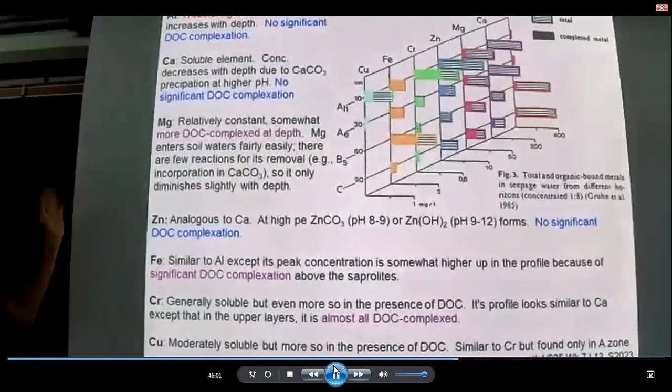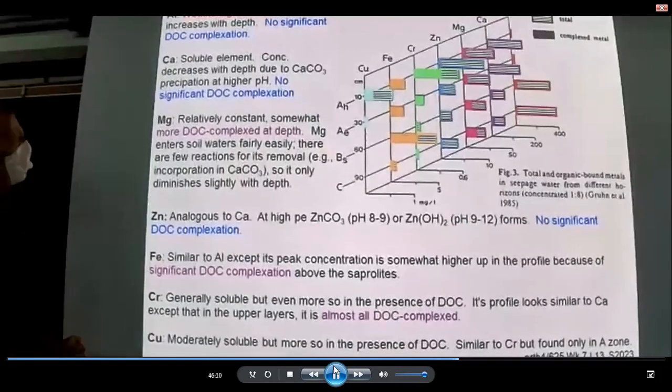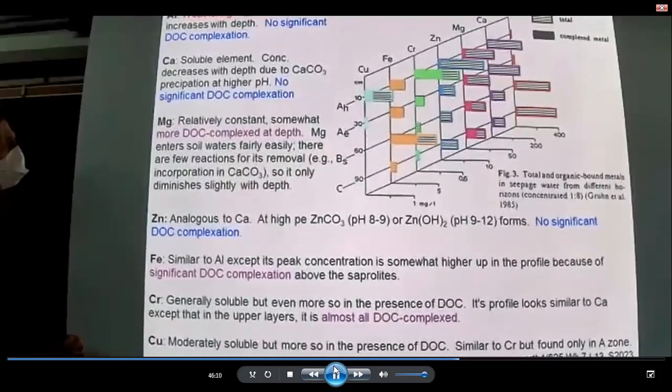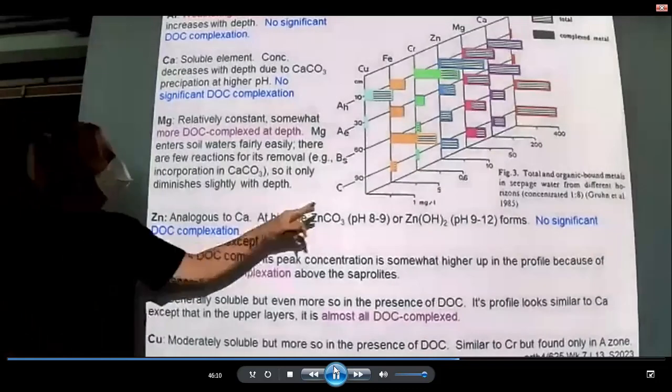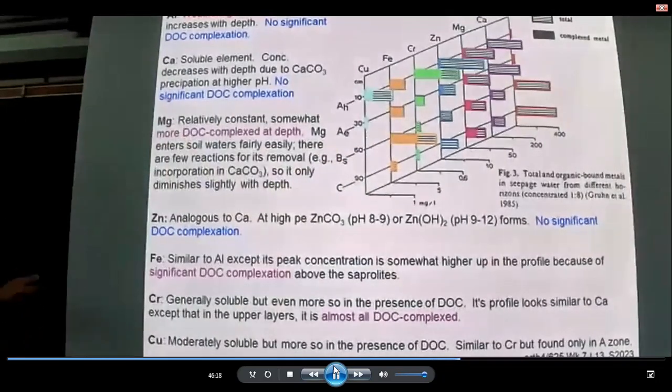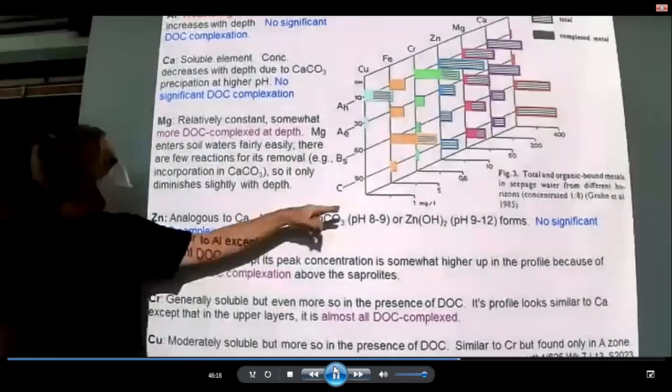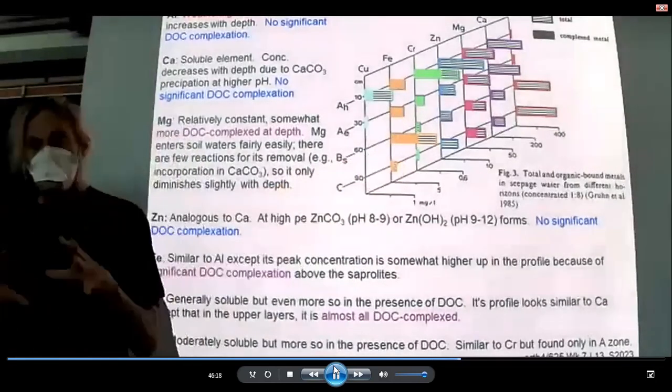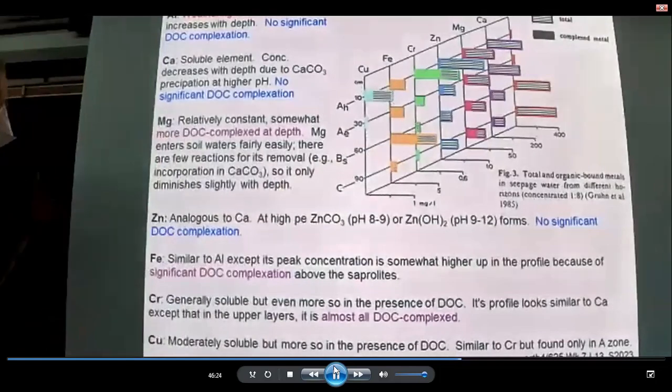So there are these complicated relationships of what we will and won't find in soil water that is dependent on all these other co-varying characteristics that we're talking about, primarily pH and relative amount of organic matter.